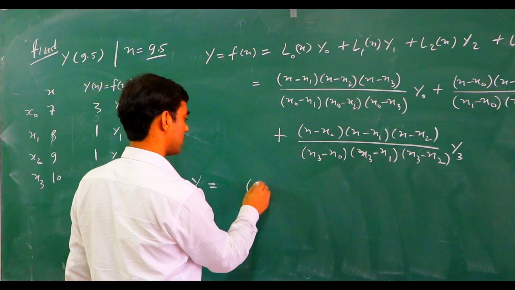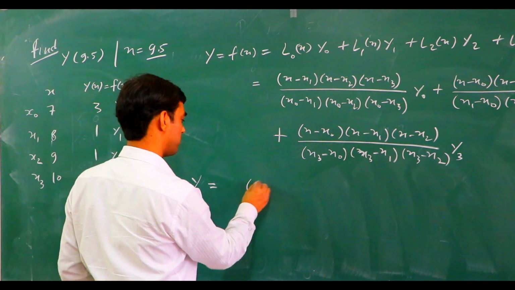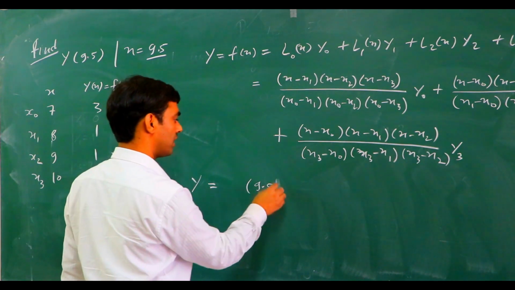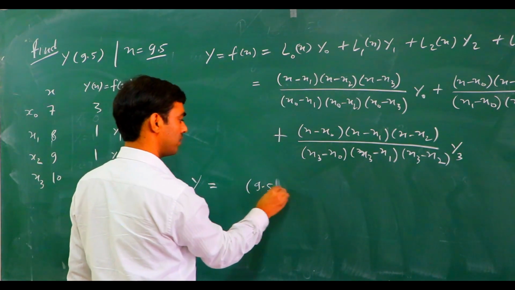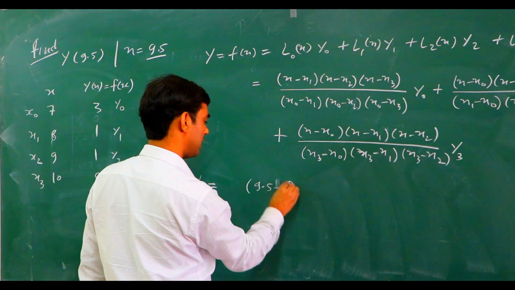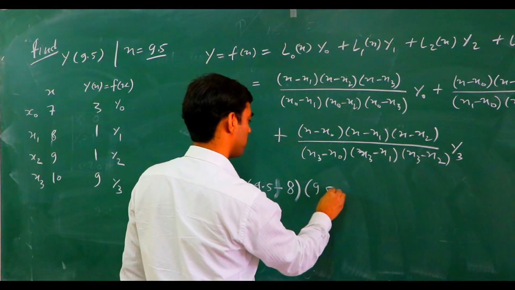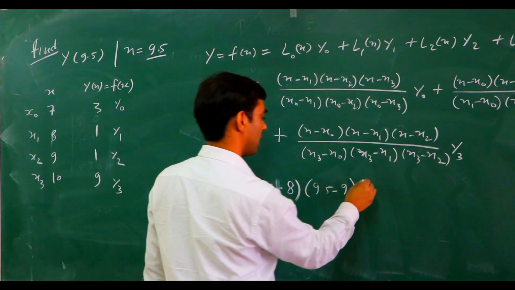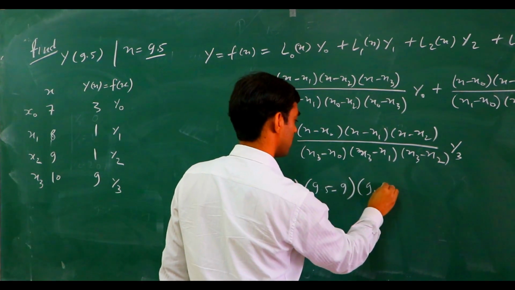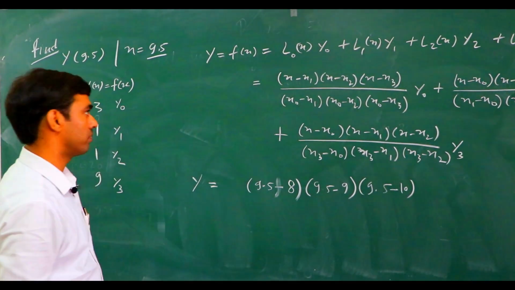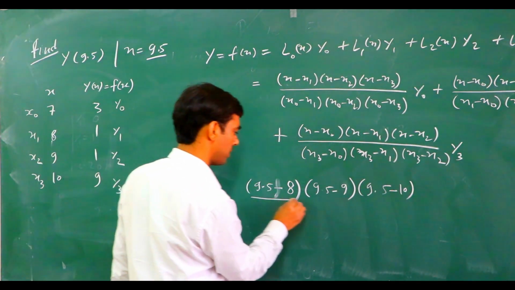So here we write what? x is 9.5. 9.5 minus x1, which is 8, 9.5 minus 9 and 9.5 minus 10, divided by what?